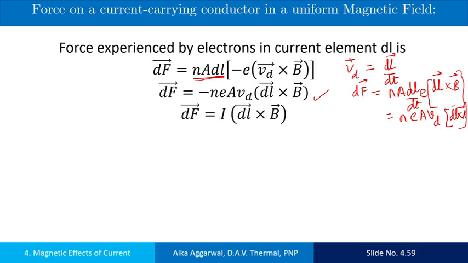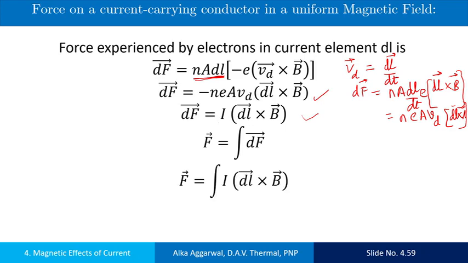Now, you have studied in the current electricity chapter that the current is equal to nAeVd. Yes. So here it is I. The total force is obtained by integrating this for the complete length of the conductor.